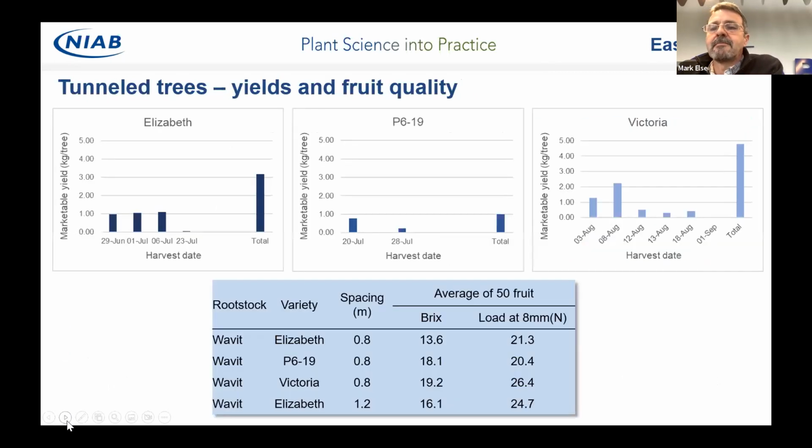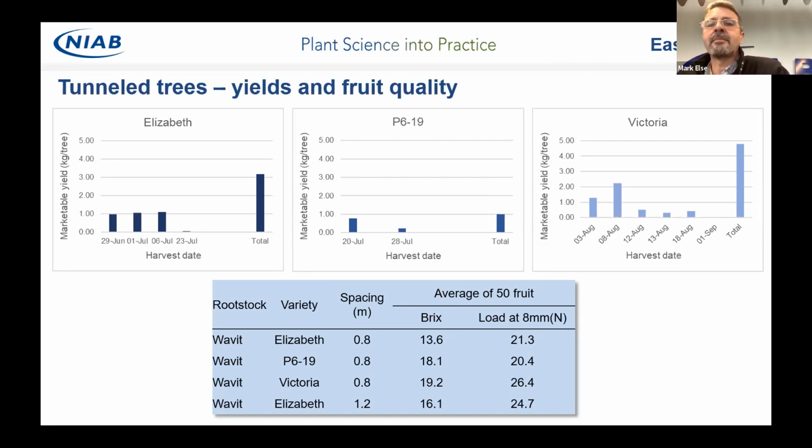So, next slide, please. I mentioned very briefly at the beginning the trees in the tunneled area. They are the two varieties, P619 and Elizabeth, which was released last year at Fruit Focus, and also Victoria. You can see they're fairly young trees, and we were just starting to see the first crop coming off those trees.